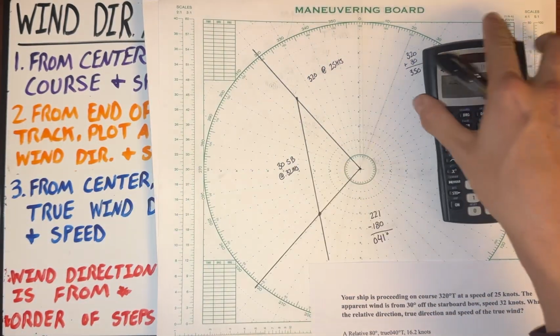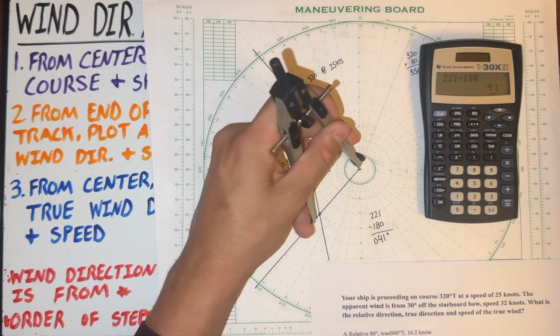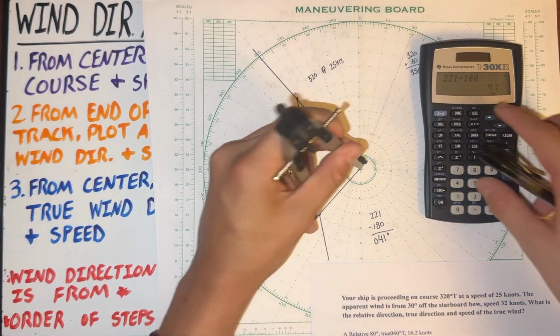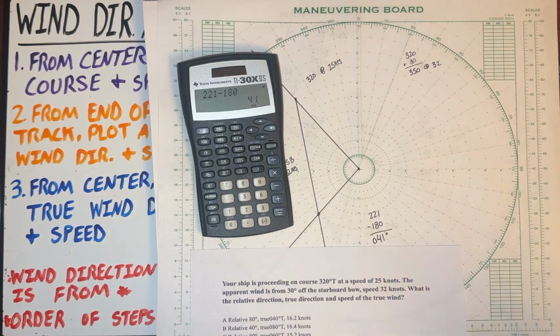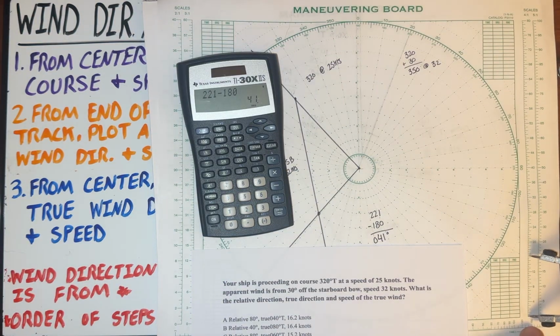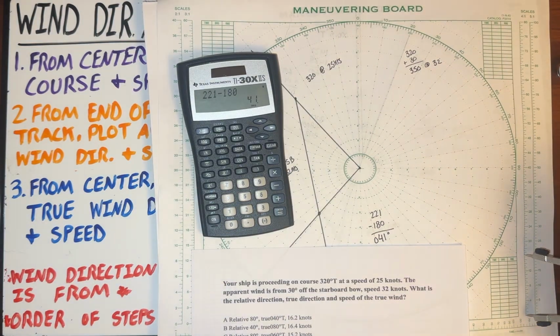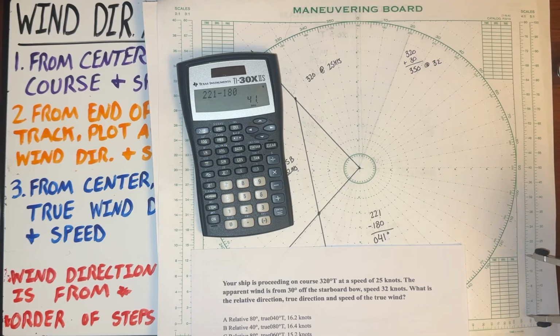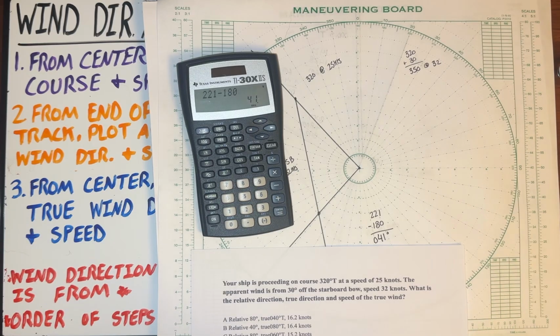We then measure that distance and we can find the speed. I have about 16, looks like 16.3.